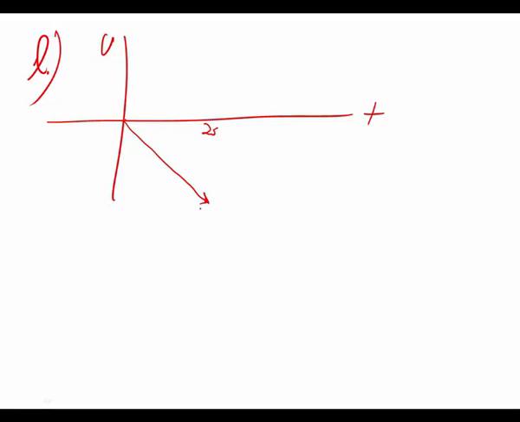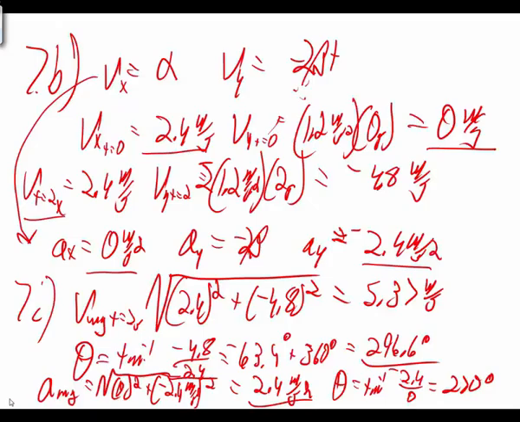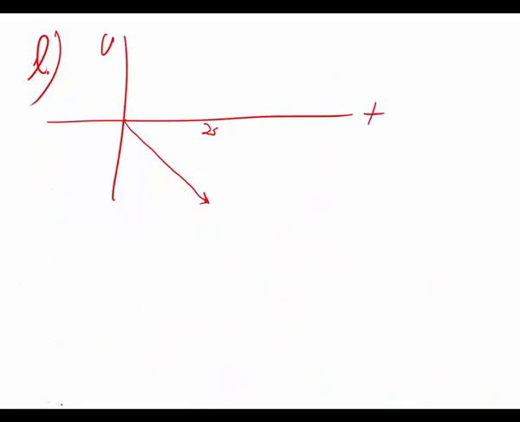Now this is at 2 seconds, okay? What about the acceleration at 2 seconds? All right, it's 0x, but it's what? Negative 2.4y? Yeah. All right, watch.